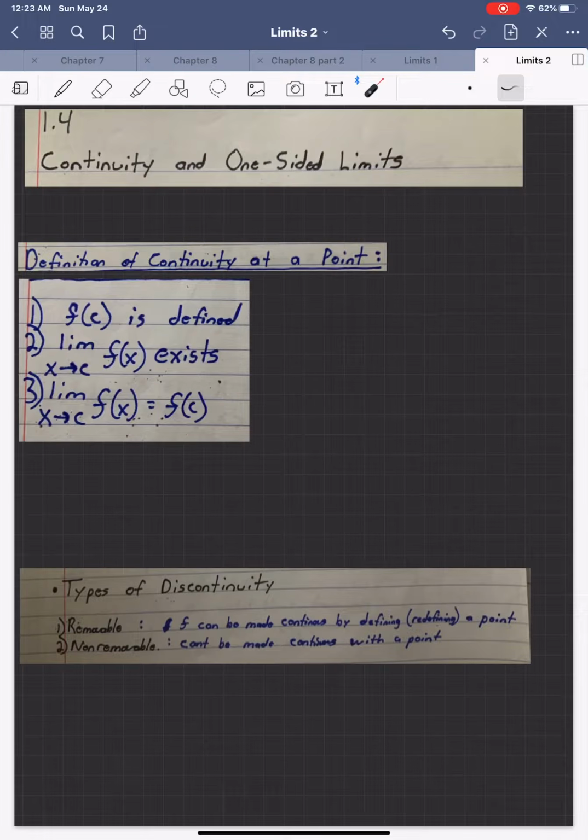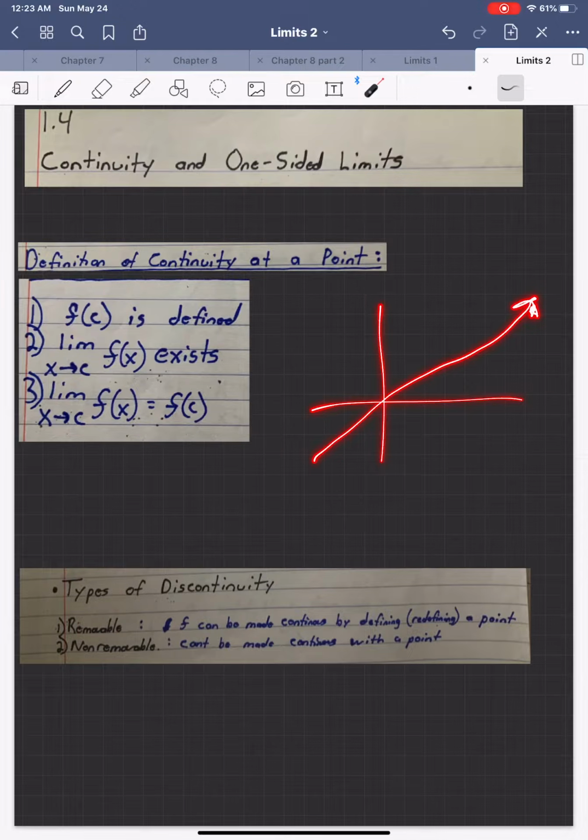How do we describe a graph that is continuous? Well, I do like the way in elementary school they would have said that a graph is continuous if you can draw it without ever lifting your pen or pencil. And I like that. It's a little bit too informal for mathematics, but it does demonstrate what we're talking about.